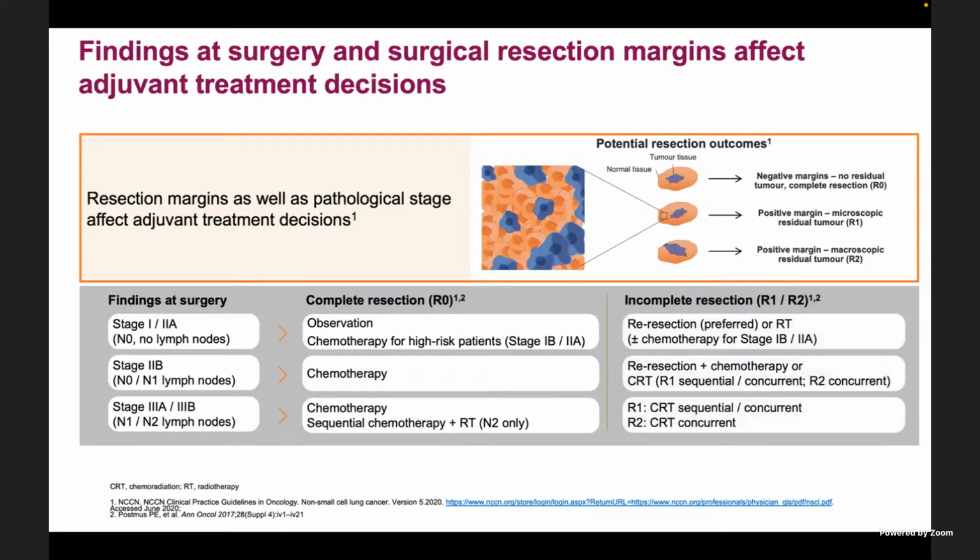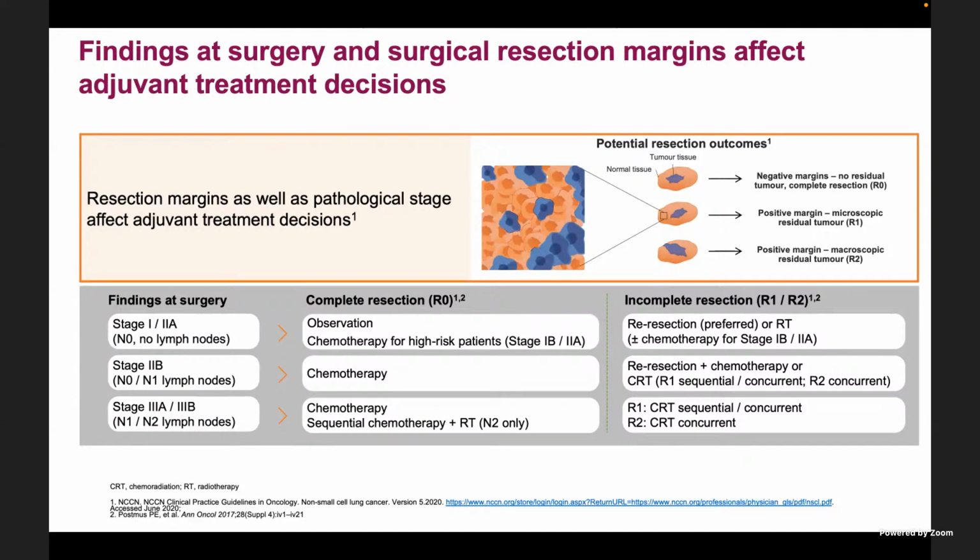If we have, one second, if we have an incomplete resection after a stage 1, patients should undergo a re-resection, which is preferred, or otherwise they should undergo radiation if it's not possible. Stage 2, again, re-resection plus chemotherapy, or it could be a sequential, preferred chemoradiotherapy.